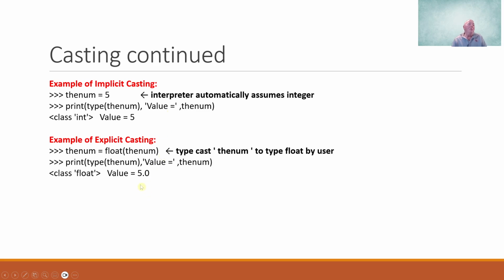But let's say that we wanted it. Okay, implicit casting. Let me think about this for just a moment.